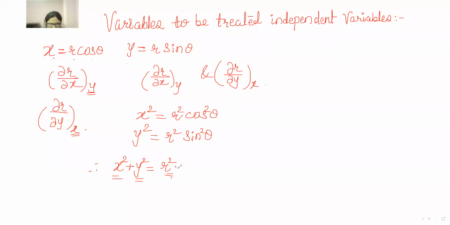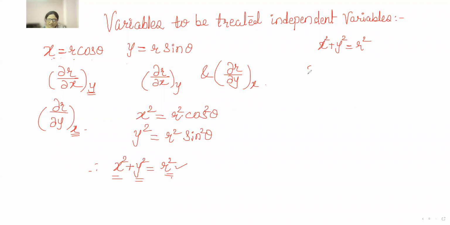So that is here. Now you can take the derivative of r with respect to x as well as with respect to y. So tell me, the derivative of x square plus y square is equal to r square with respect to x.